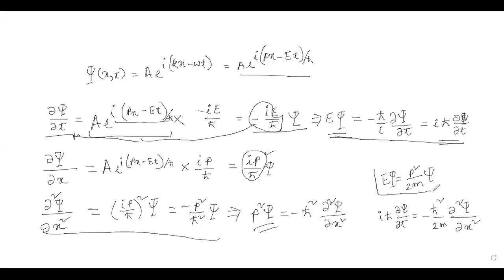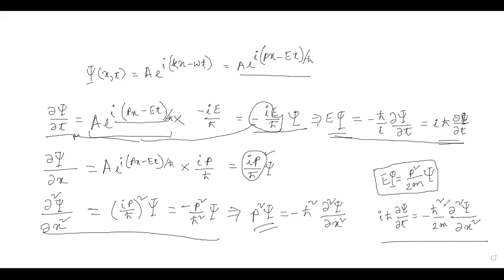So from this equation, we have obtained i h bar del psi by del t is equal to minus h bar square by twice m del 2 psi by del x square. This equation is called the Schrodinger equation.